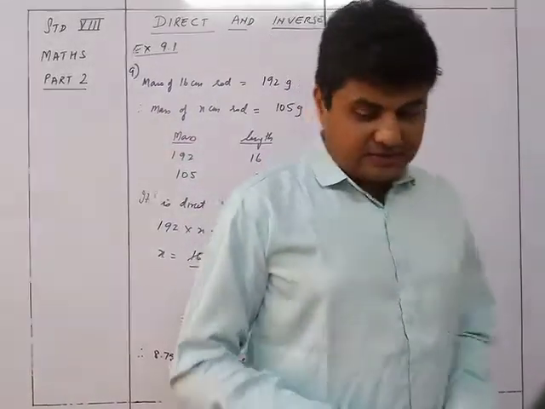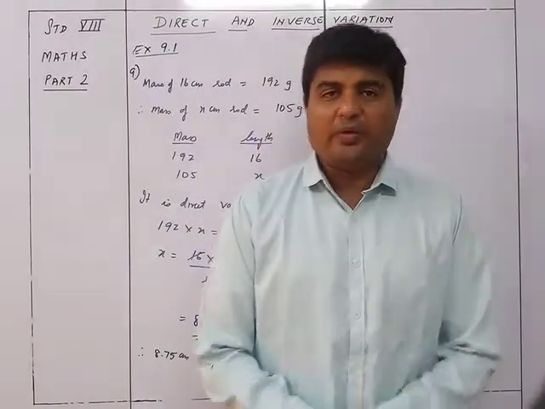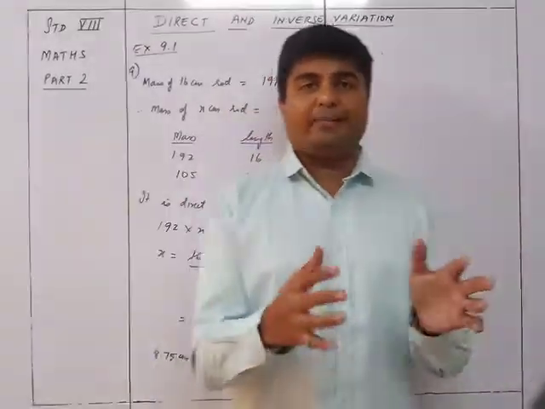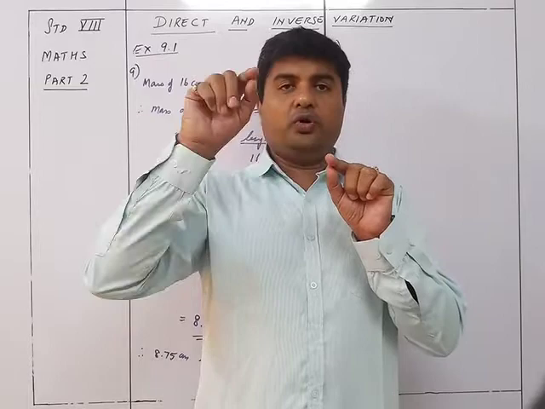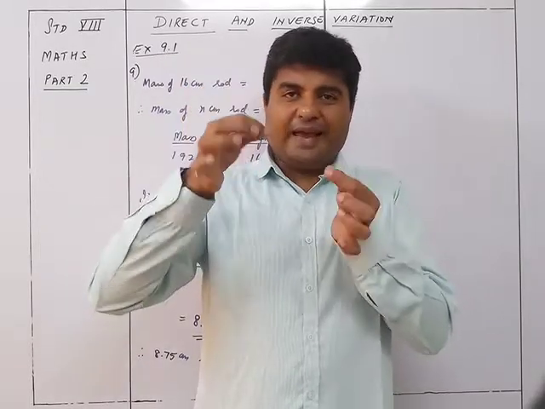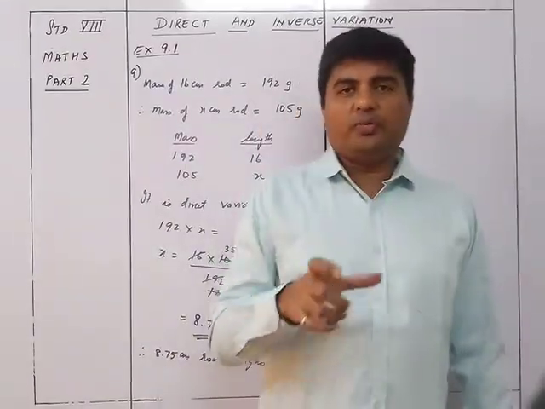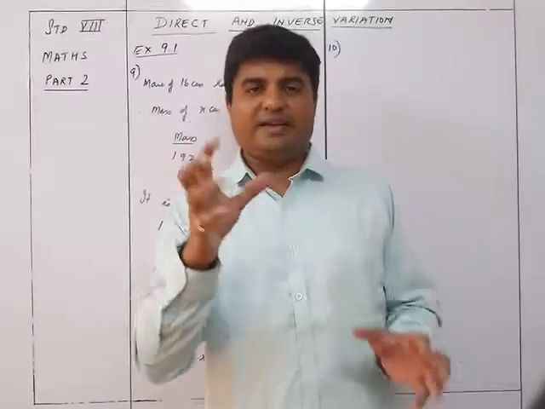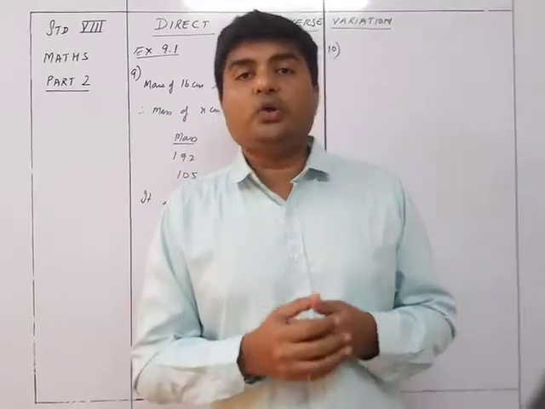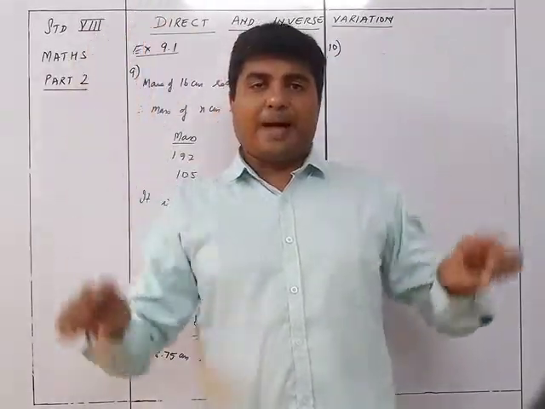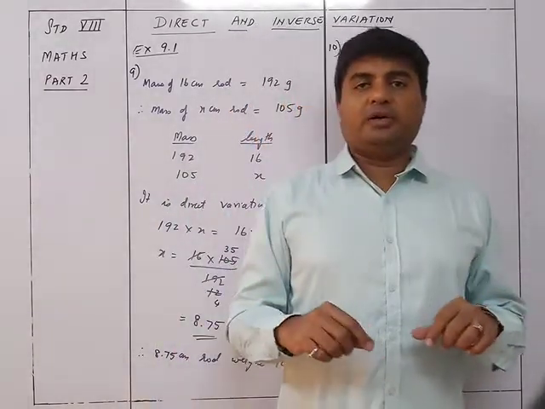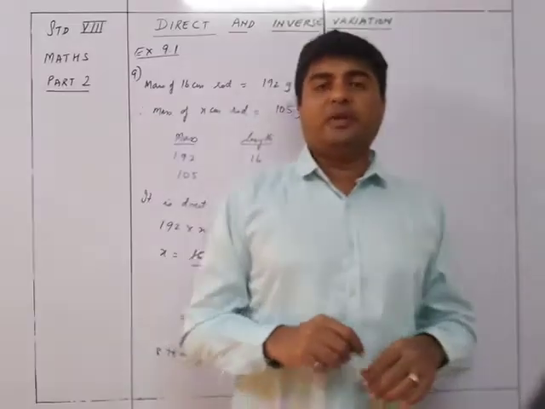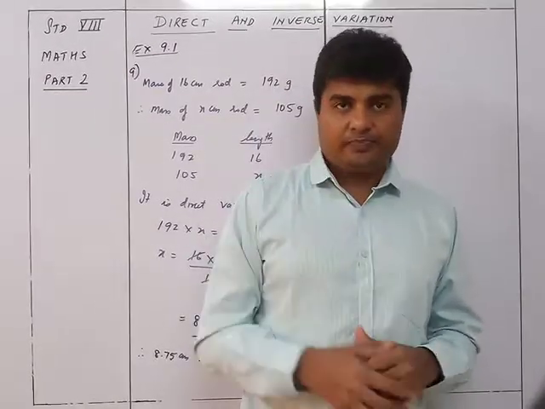So let's understand what exactly they mean to say. Now we normally see a map. Whenever we look at a map, we can see that if you want to go from A to B, and you take a scale and measure the distance between the two, you come to know that it is 5 centimeters, 3 centimeters, 8 centimeters. If it is a proper map, you will always find at the bottom or at the top of the map something written as scale.